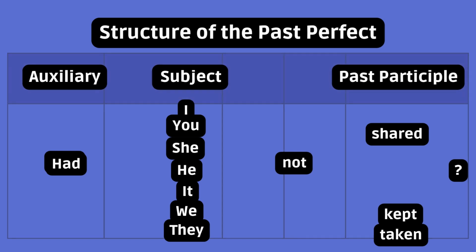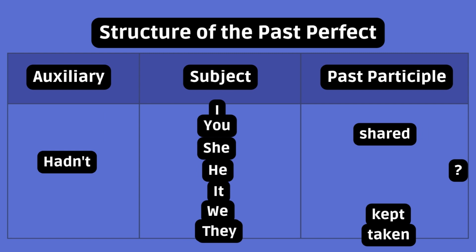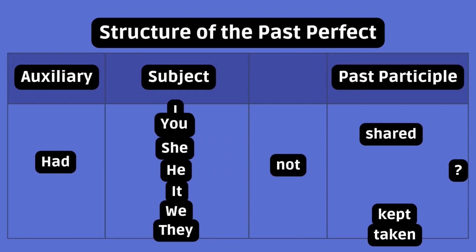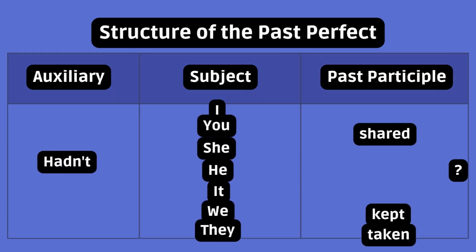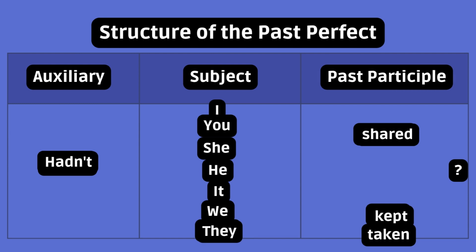Or the contracted form, hadn't plus subject plus past participle. Had you not shared? Had we not kept? Had they not taken? Or, hadn't you shared? Hadn't we kept? Hadn't they taken?